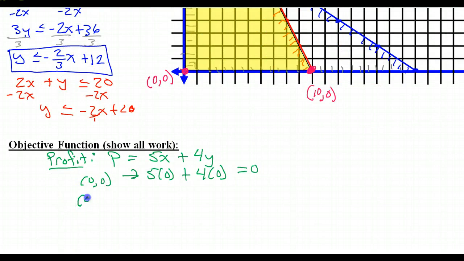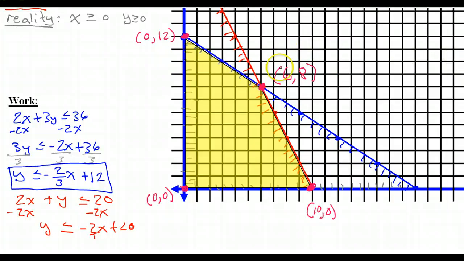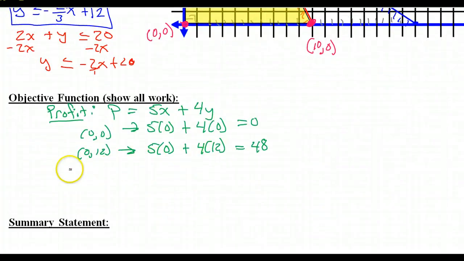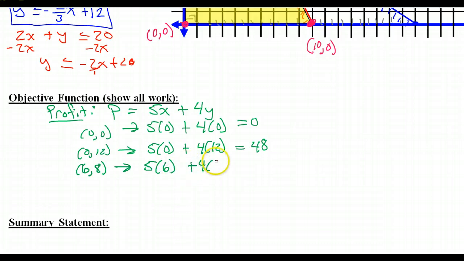If I put that in, that's 48. All right, next I have 6, 8. That's 62.